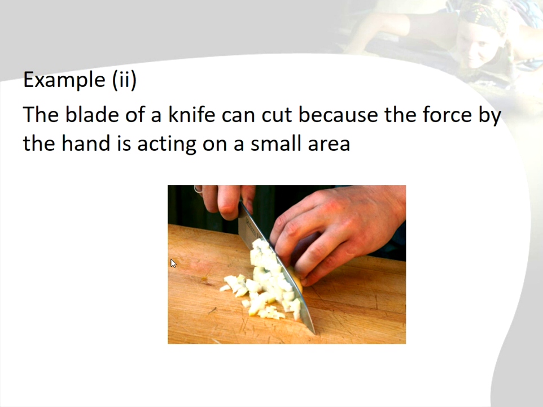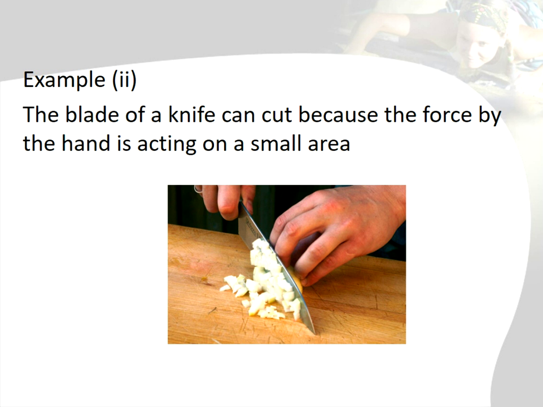A knife is very easy to slice through, isn't it? And it is easy because the force exerted by our hand is distributed over a small area. That's why the pressure is high, you can slice through it easily.